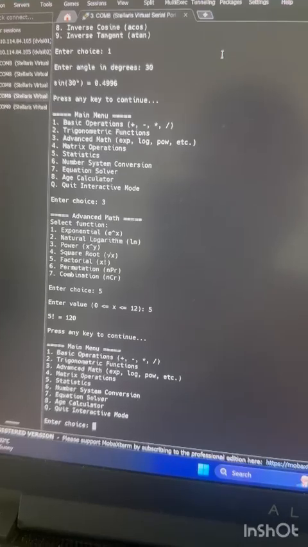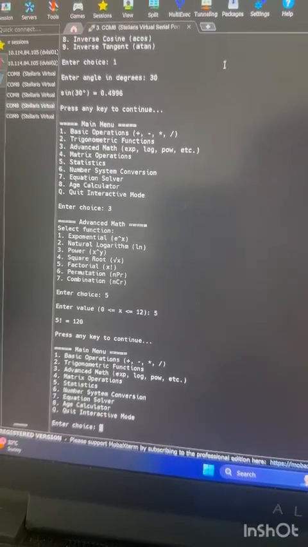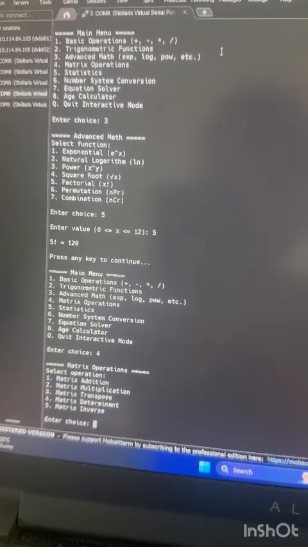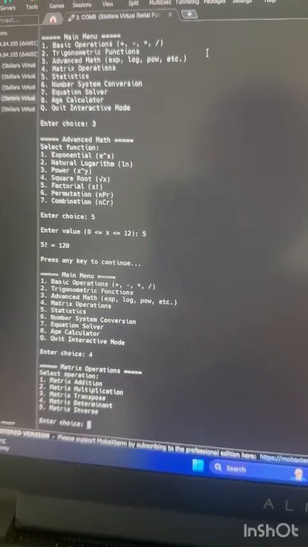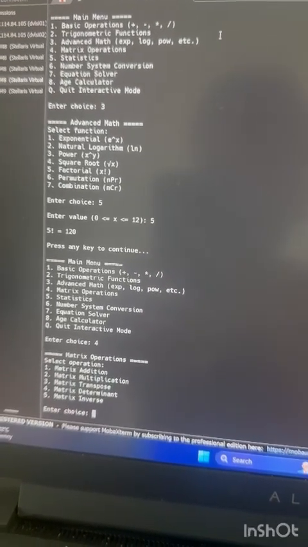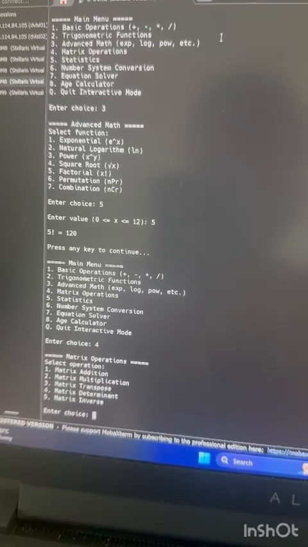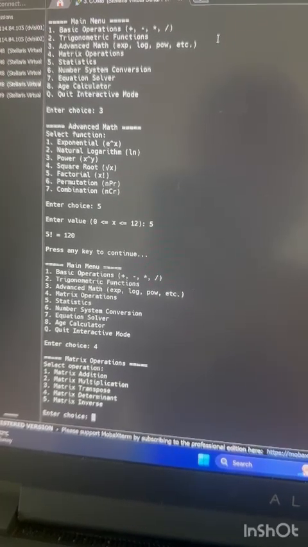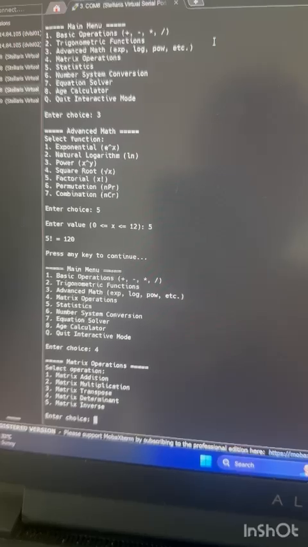Next one is matrix operations, in which we have defined matrix addition, matrix multiplication, matrix transpose, matrix determinant, matrix inverse. So let's find out the matrix transpose and determinant.